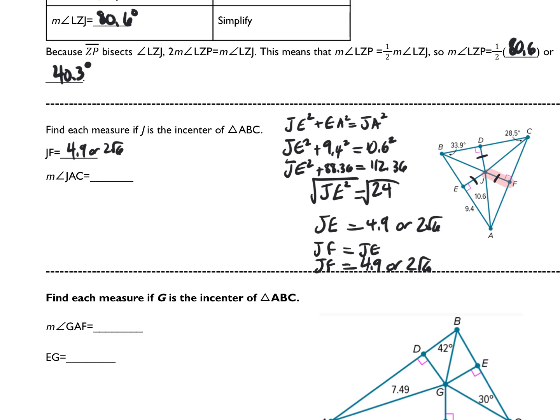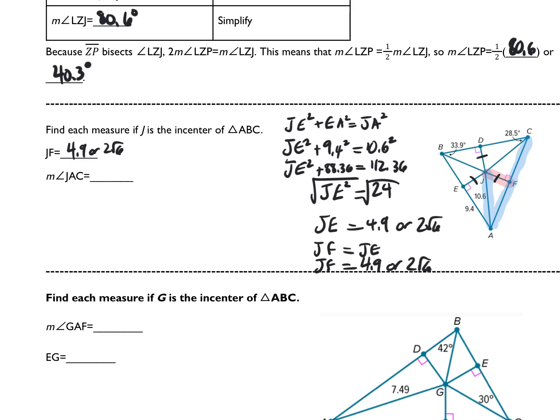Now, the other thing we're asked to find is the measure of angle JAC. The measure of angle JAC is this angle that goes between the blue lines there that I highlighted. So again, what we're going to do is use that triangle angle sum theorem.